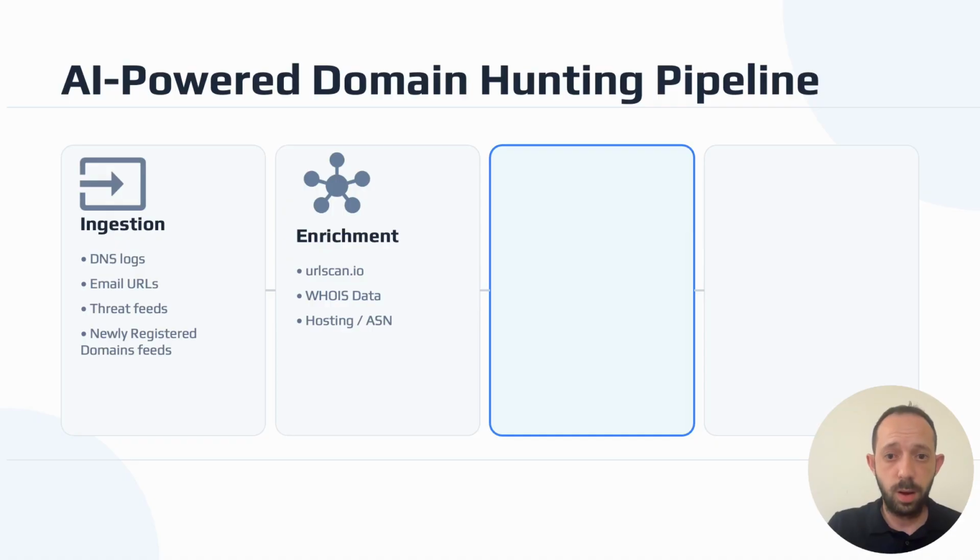So I will get the HTML code, the screenshots, the images, the redirects, the scripts, etc. Now I can relate this data with WHOIS data, with data about the hosting provider, the ASN, and all kinds of other information that I have in order to enrich the data that I have about the domain.